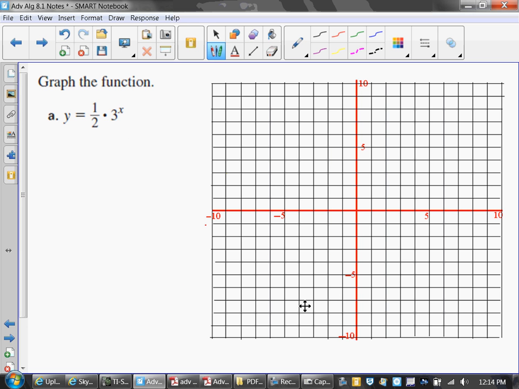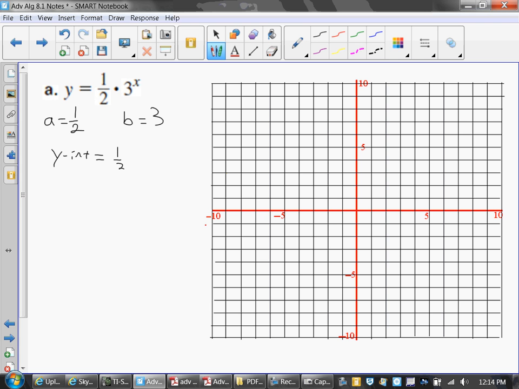Well, let's do this one first. When I have the function y equals 1/2 times 3 to the x, first thing I'm going to identify is my a value and my b value. A is 1/2, b is 3. So that means my y-intercept is 1/2.